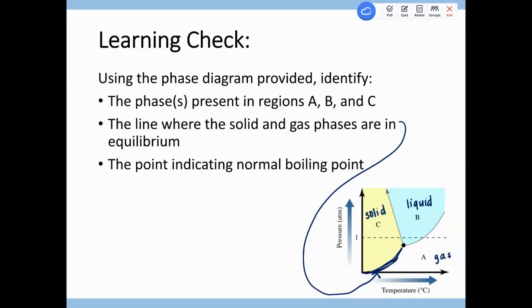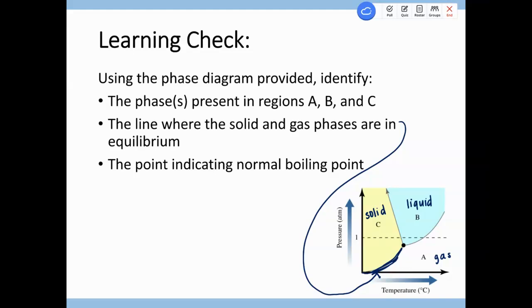And then last, we're looking for the normal boiling point. Remember, a boiling point is where a liquid and gas are in equilibrium. If you're boiling a liquid, it's becoming a gas. The normal boiling point is that temperature that the liquid to gas equilibrium will occur at atmospheric pressure. Atmospheric pressure, we have units of atmospheres. 1 atmosphere is atmospheric pressure.